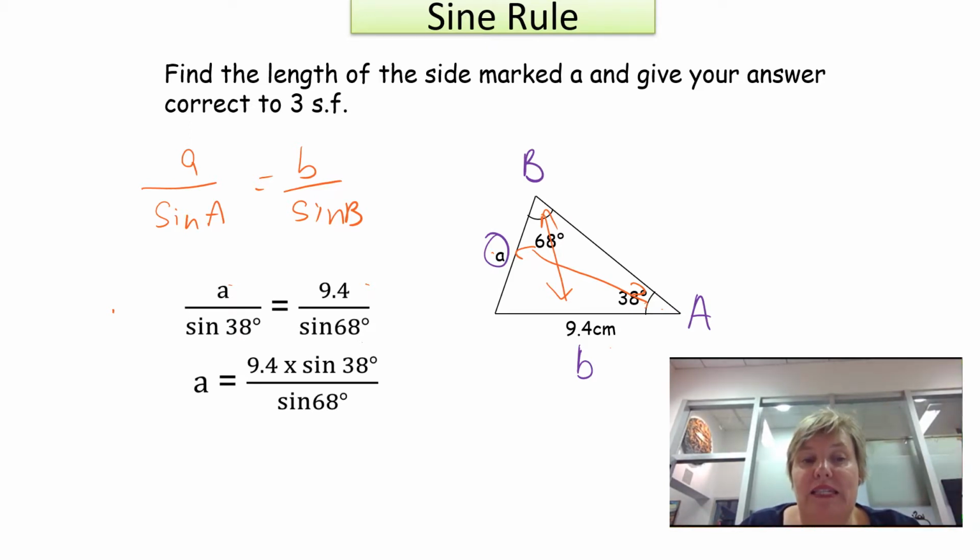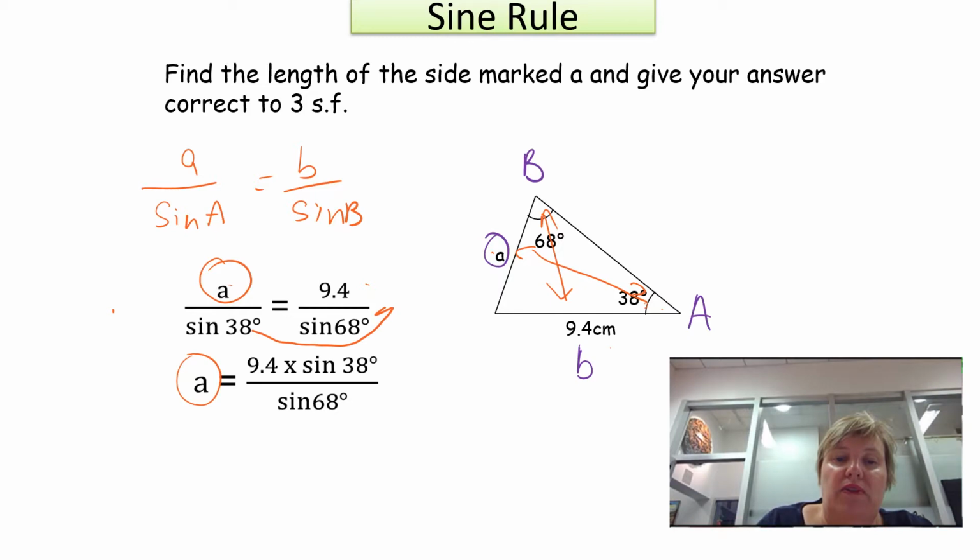It's really, really easy. I'm going to leave a on its own, and to get the piece underneath up, all I have to do is multiply. You will see that it's written out here really nicely. You can either write it out nicely like this line or the previous line above. It won't matter. Now the cool thing is that you've got to run this through your calculator, and you do need to be a little bit careful.